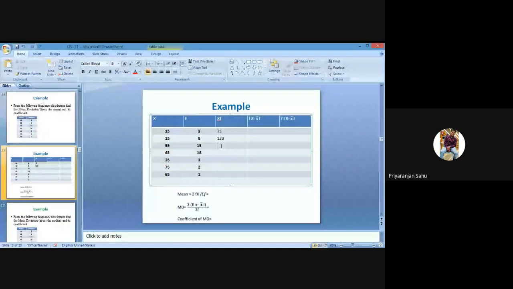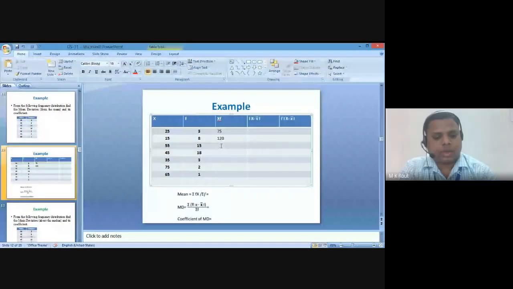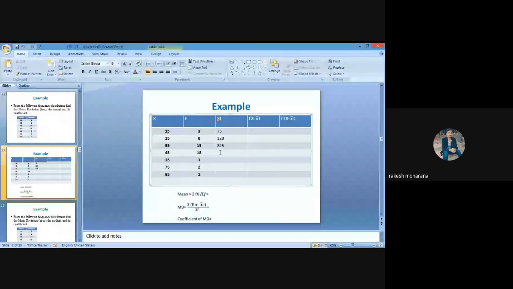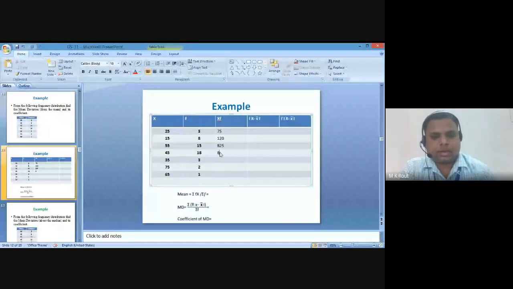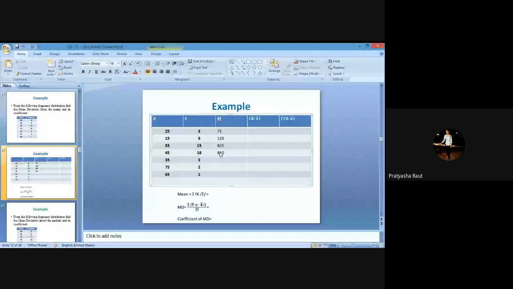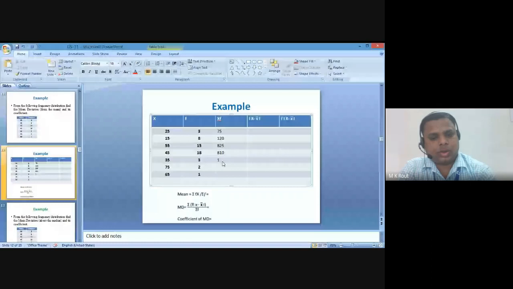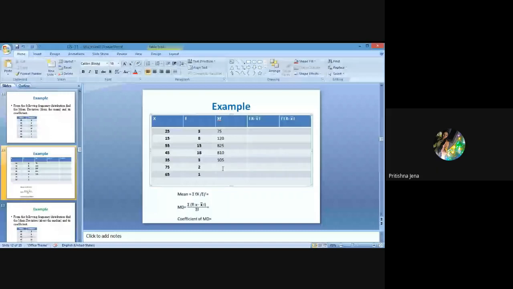Move to the next one, 45 into 18. 810. Next one is 105. Moving to the next one, 75 into 2. 150. The next one is 65.